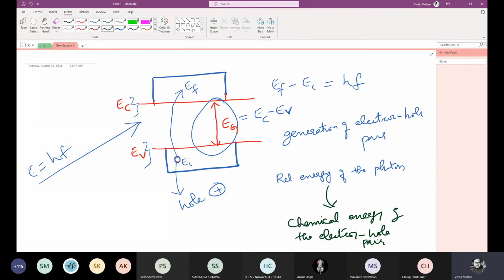So what is the efficiency of a solar panel from the input stage to the final output stage? Anybody? 30%? 30 is too much actually. It will not be 30%. You can go through some literature to find the range of efficiencies.